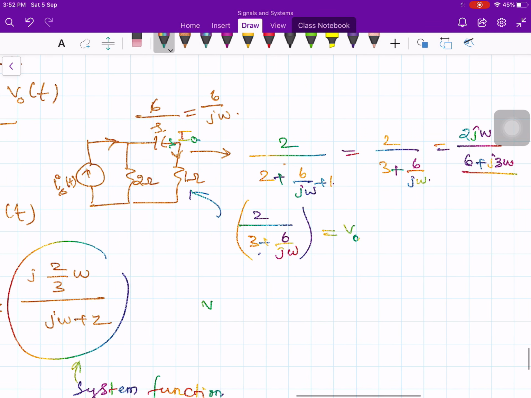See, let's say this one is I1 and this one is I naught. Therefore IS of t is equal to I1 plus I naught. Then you can find out what is I naught in terms of IS of t. And then later on you can take the ratio of V naught by Vi.